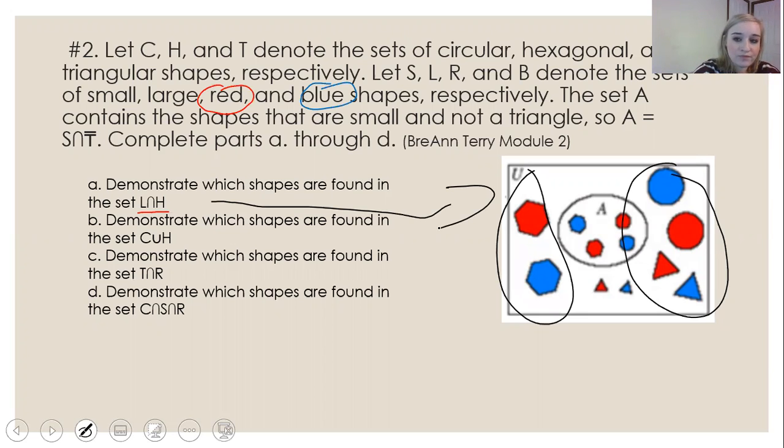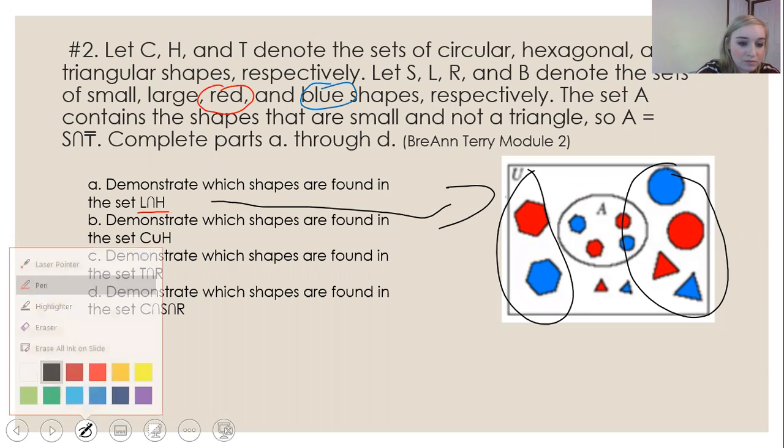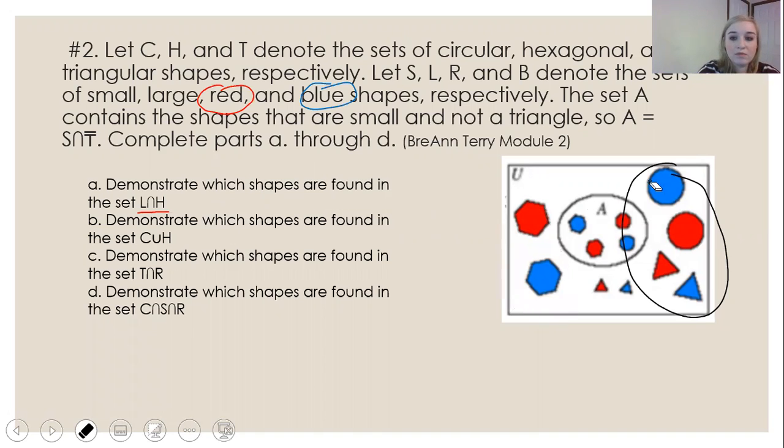So now we're going to start over. We've done A. We know that A means large and hexagonal shapes intersecting each other. And now moving on to B, it says demonstrate which shapes are found in the set C union H. So if we go back to our instructions, we know that C means circle and H means hexagonal.